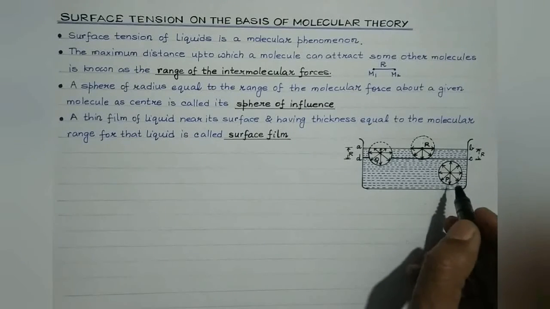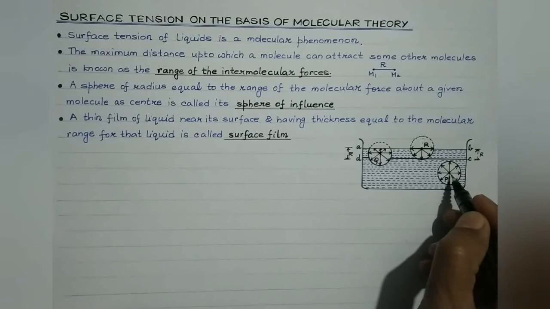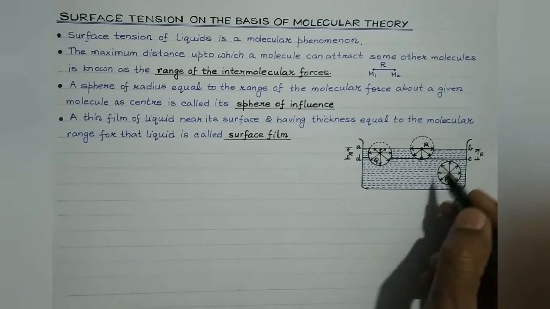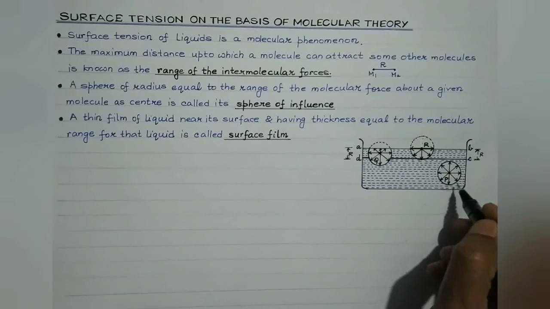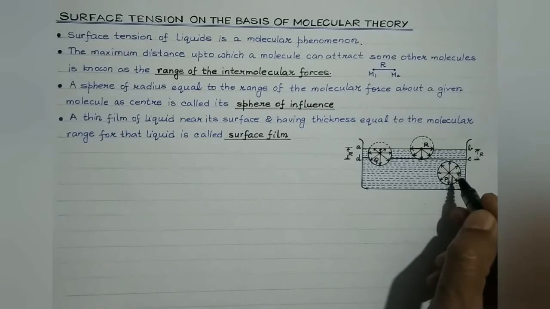You can see from the diagram that molecule P, I've considered it to be well inside the liquid. Now this molecule P is attracted equally in all the directions by other molecules lying within its sphere of influence. So net force acting on molecule P would be 0. All these forces will get cancelled out in pairs.